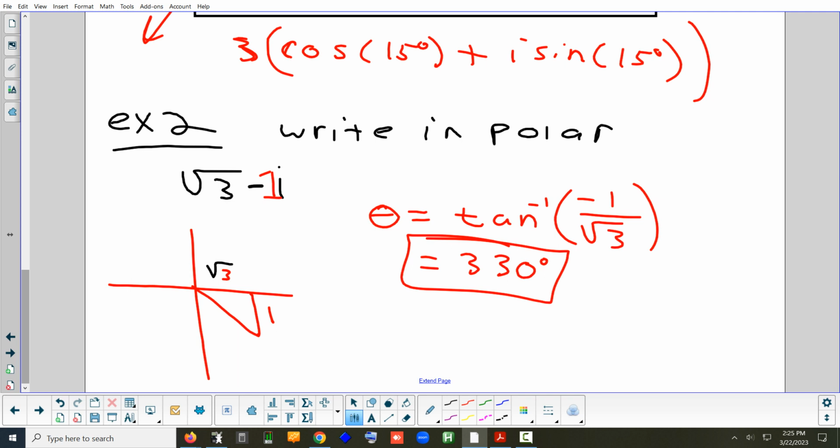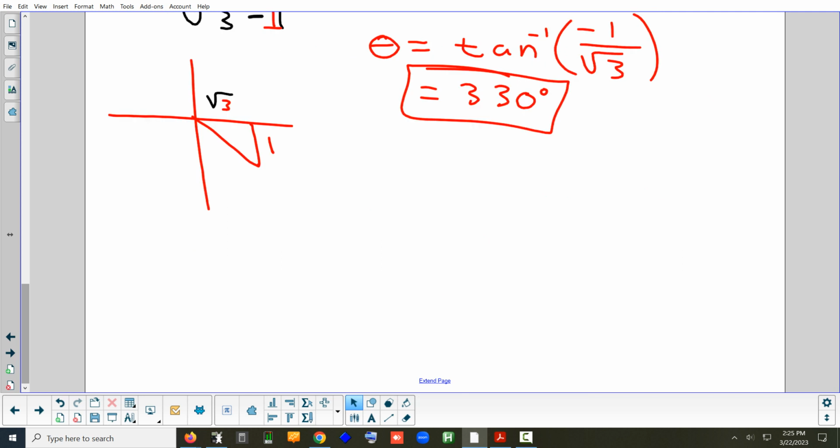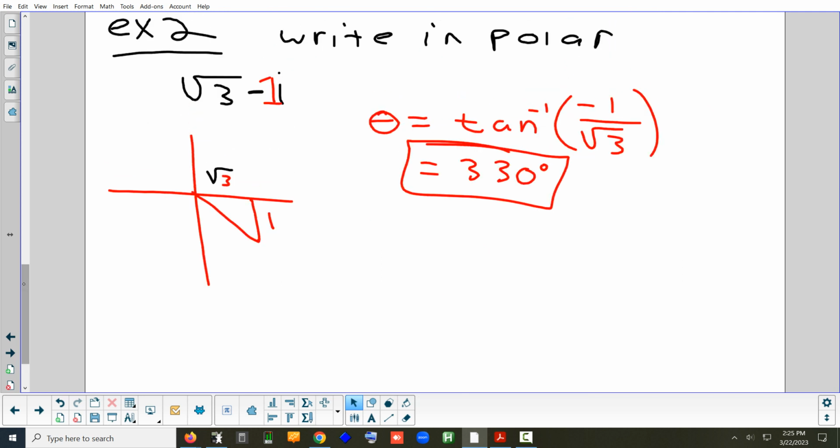Okay, one more thing I need. I need my r. What formula is this really based on that we use to find r? Yep, it's the Pythagorean theorem. You're solving for r right there. Okay, so I'll start it off with r squared, and what's going to go on the other side?